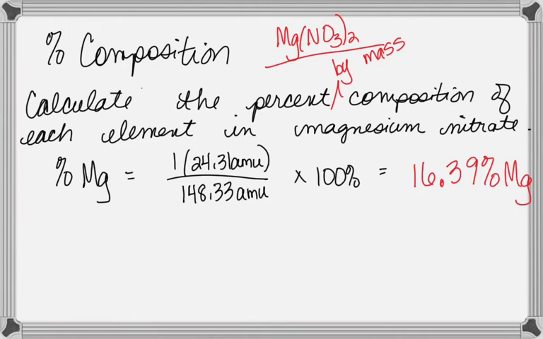Okay? Now, can you guys do the percent nitrogen and the percent oxygen on your own, using that as a template? I think you can do what percent is nitrogen, because it does say of each element. Wait, how did you do that? I said 1 times 24.31 divided by 148.33 and then times 100.